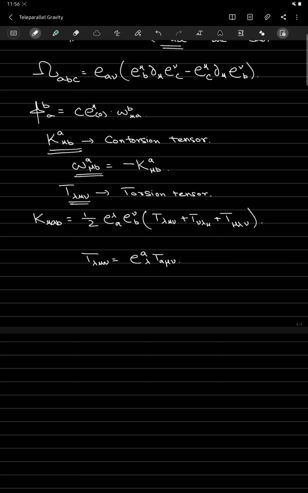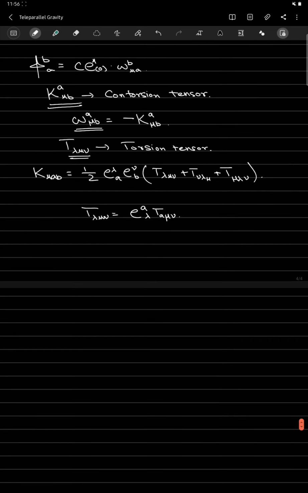So again, this thing is called the contortion tensor, and so we finally arrive at a result for the phi AB, which, in terms of the torsion tensor, is written as C over 2 times T0 AB, because we're writing it for the 0th part, plus T A0B plus T B0A, and that's it.